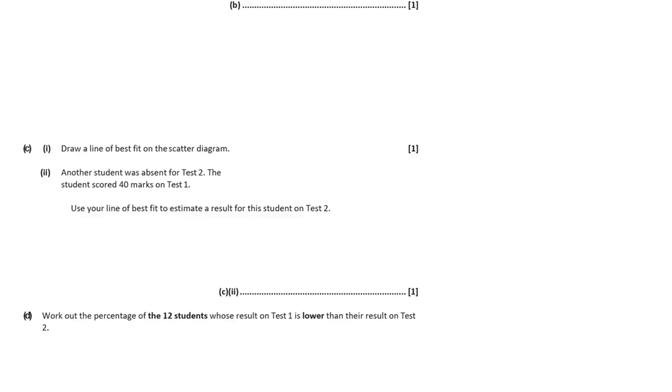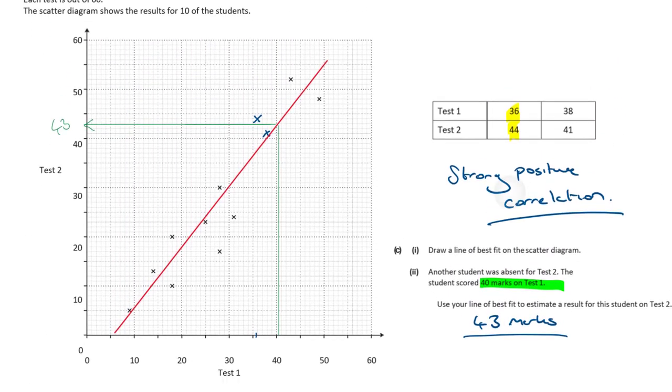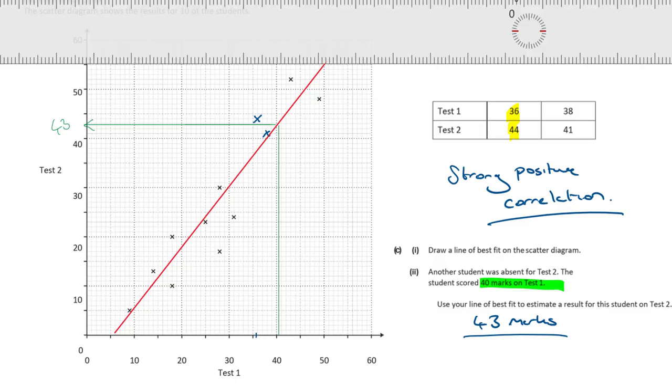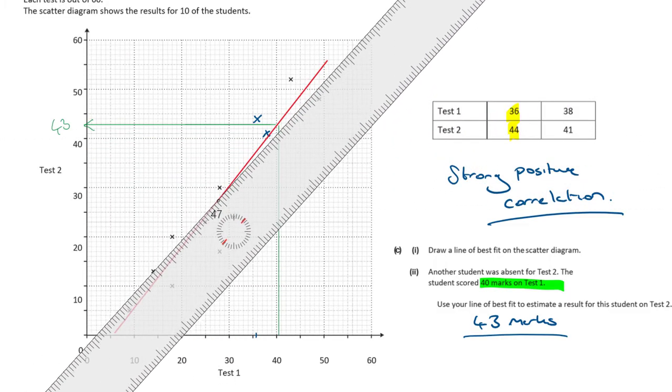Part D says work out the percentage of the 12 students whose result on test 1 is lower than their result on test 2. So they did worse on test 1 than they did on test 2. Now coming back to the graph. If I draw on a line that shows when they did exactly the same, then they're going to lie on this diagonal line, aren't they?